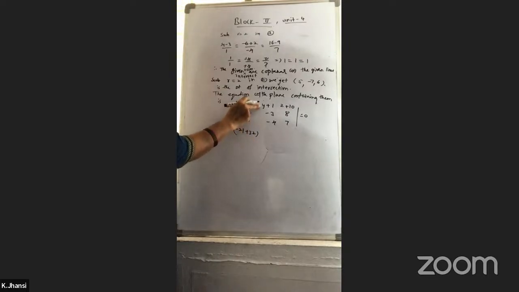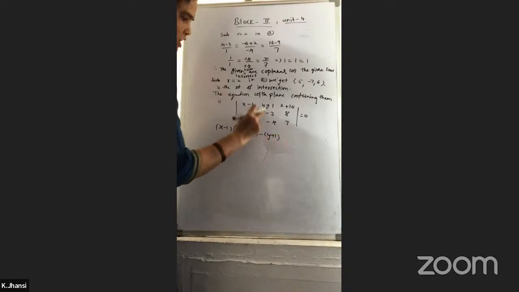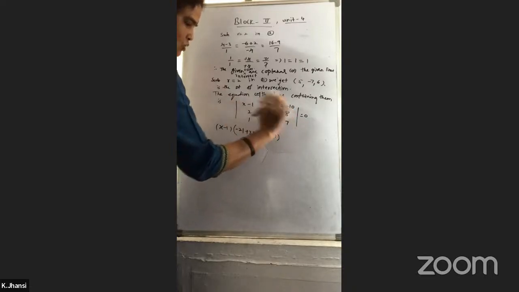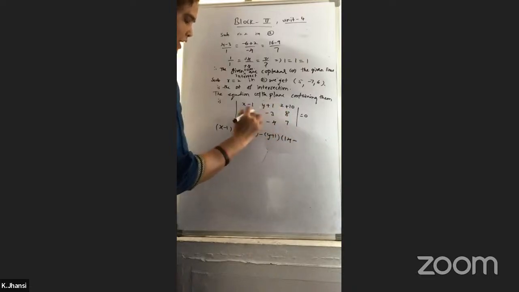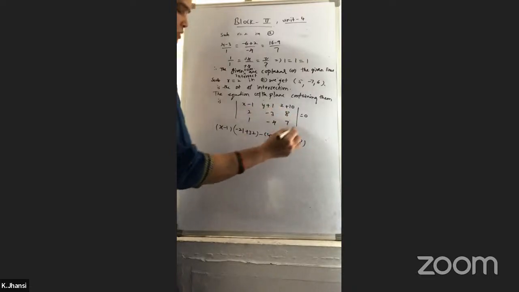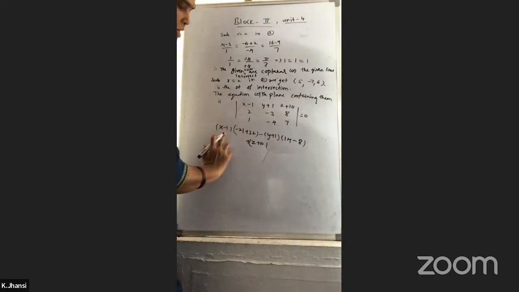Now this will be negative, that is minus of y plus 1. Now this column and this row, if you eliminate, 7 2s are 14 minus 8. Plus z plus 10 into only first row elements, for finding the determinant.